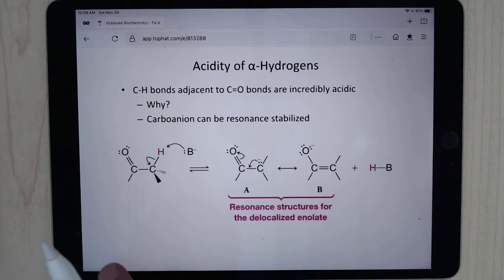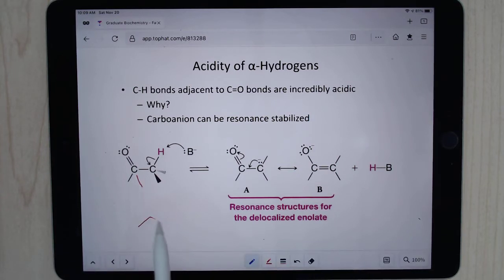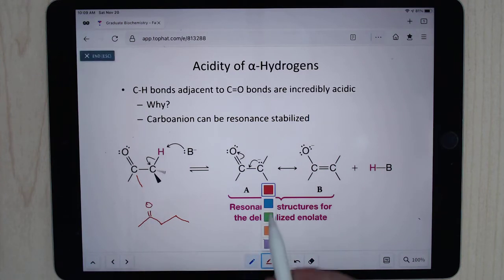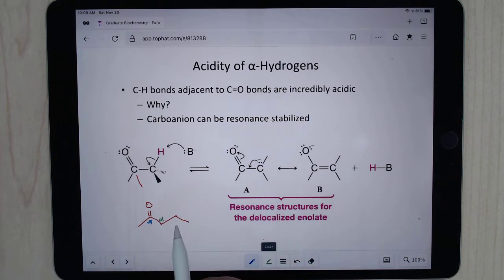The reason why it's called alpha carbons is because if this is your reference carbon, okay, then the alpha carbon would be the one immediately adjacent to it. This one here would be the beta. This would be alpha, beta.